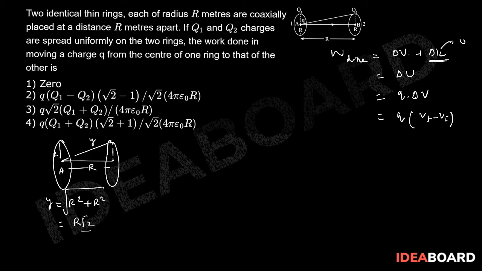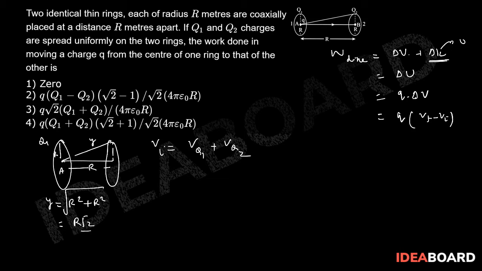Why do we need this distance? Because we know the formula for potential on the axis of a ring. So for this ring which has charge q1, I am calculating V initial: V due to q1 plus V due to q2.